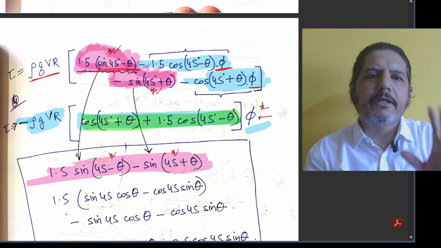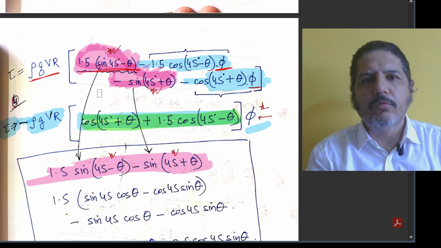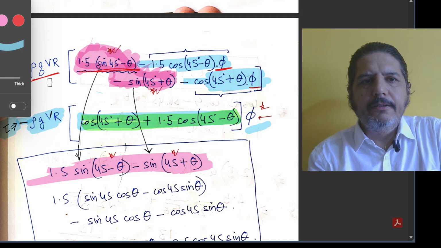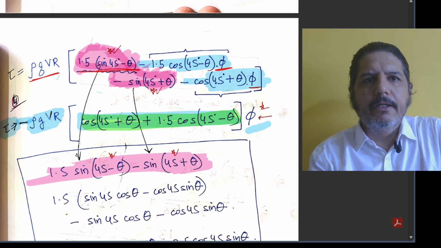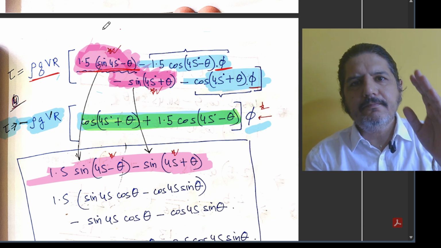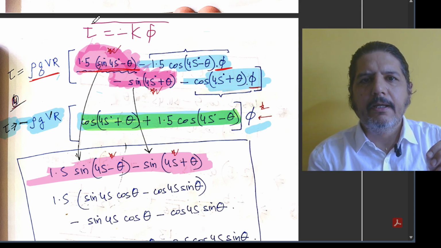Now, if you have done questions like this before, you will understand that slowly we are reaching the point where we will be able to show that this is a SHM. Basically, we'll be able to write this as tau is equal to minus k phi. Slowly we are moving towards this.